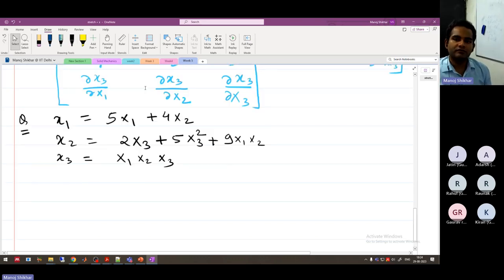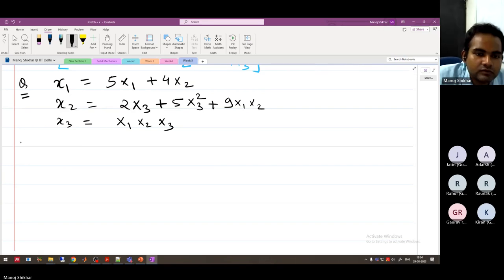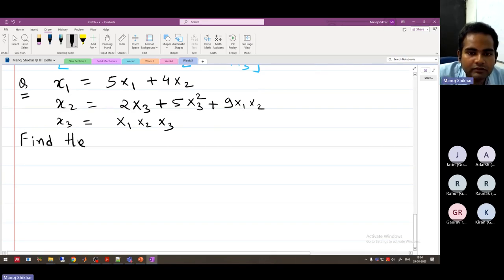Now, what is a deformation map? It is how we relate the current coordinates with the old coordinates. If I tell you to find the deformation gradient tensor.